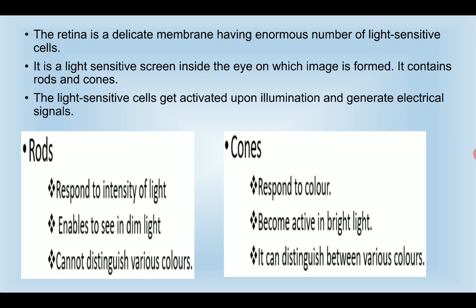These are able to see during the night as well, but they are not able to differentiate between the colors because we have cones. In bright light we are able to differentiate between the colors with the help of these cones. So now you understand that animals are basically colorblind.